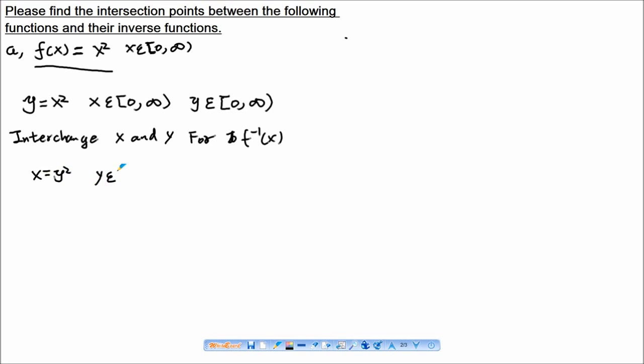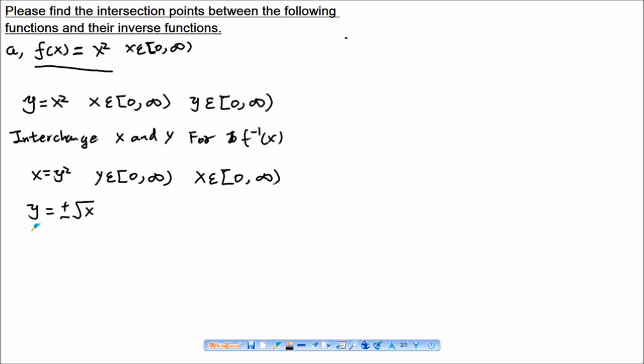The domain becomes square bracket 0 to infinity, and it will be y equals plus minus square root of x.